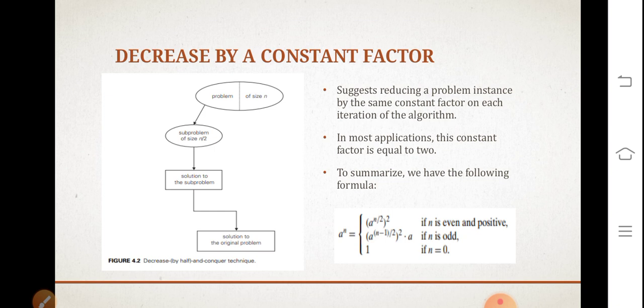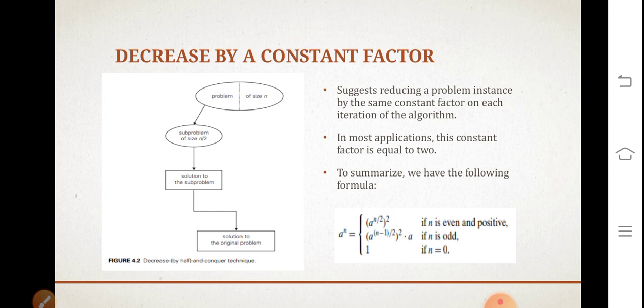But since we consider here instances with integer exponents only, the former does not work for odd n. If n is odd, we have to compute a raised to n minus 1 by using the rule for even valued exponents and then multiply the result by a.